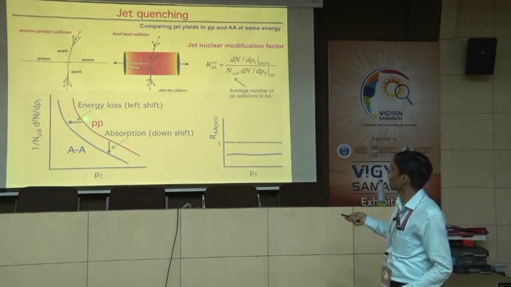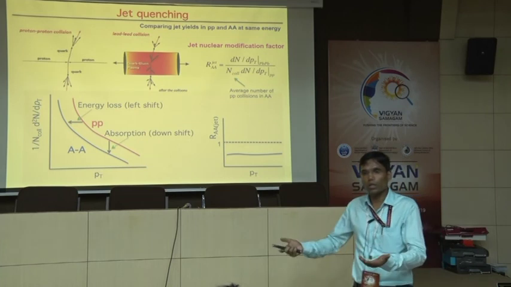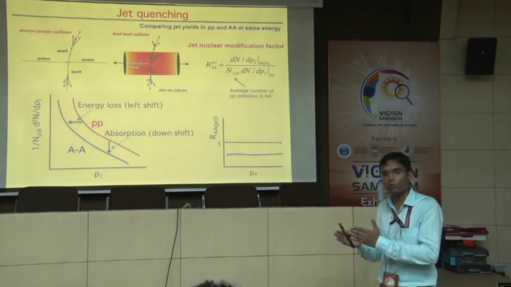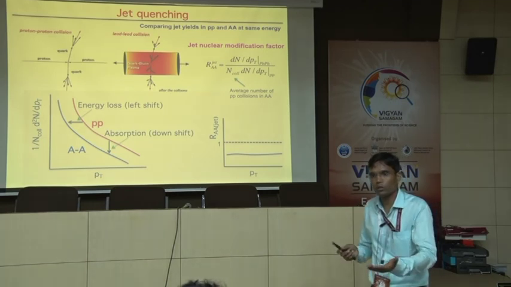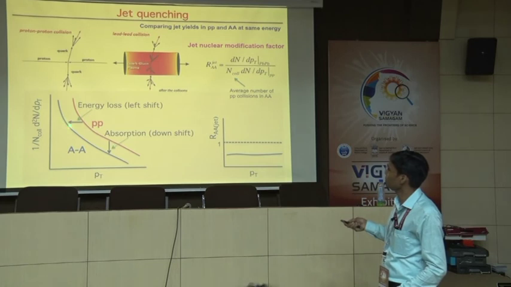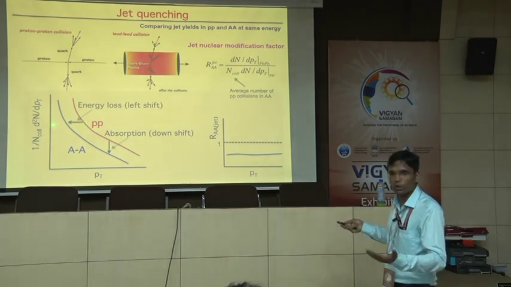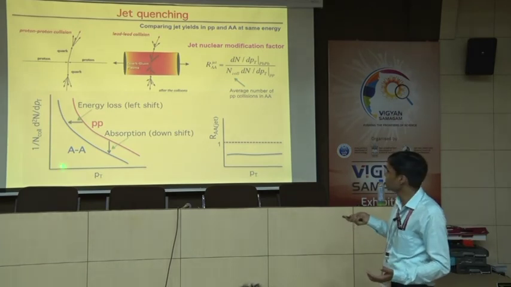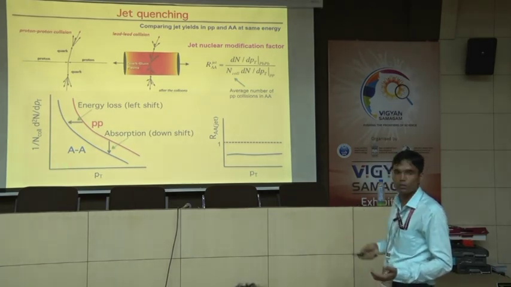These are the total number of jets produced with energy here, in proton-proton. Now they will lose their energy in the medium. So what will happen? These will be shifted towards the left. This point will come here, because these jets lost some energy, so when you plot them, their energy is less, and they will show up here.